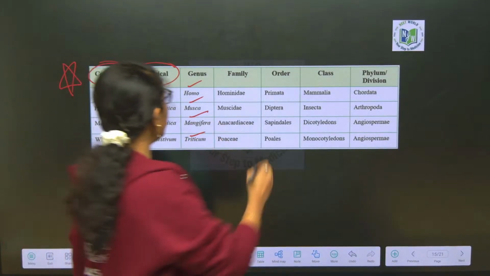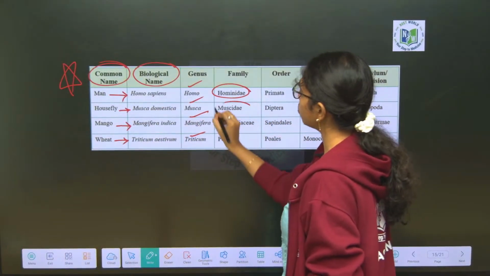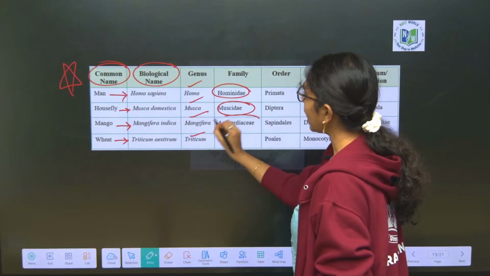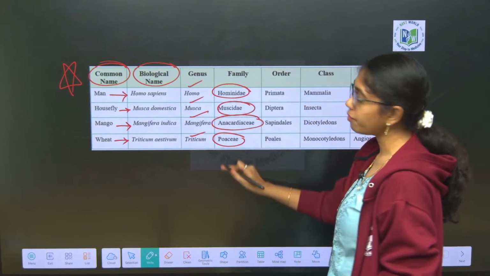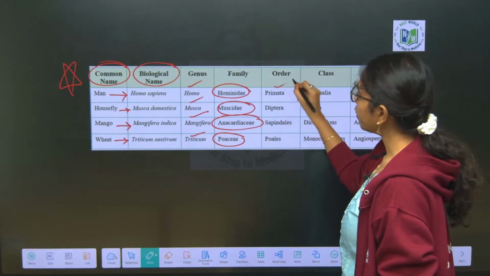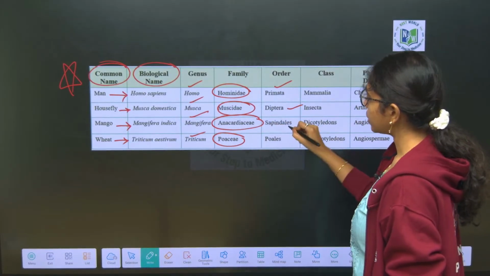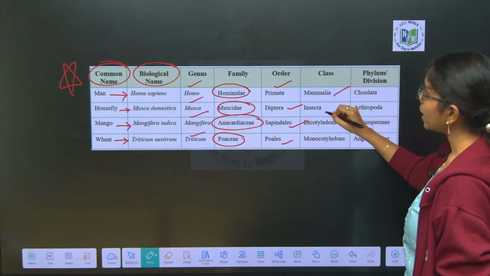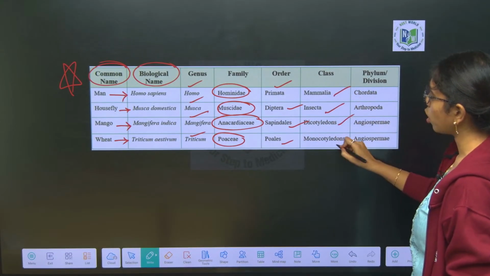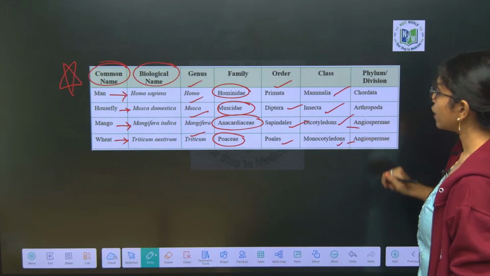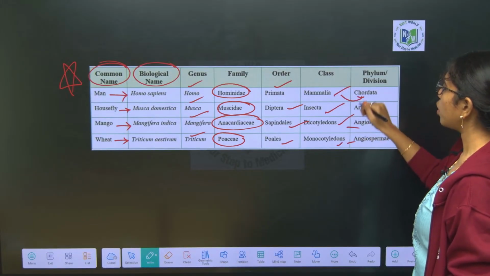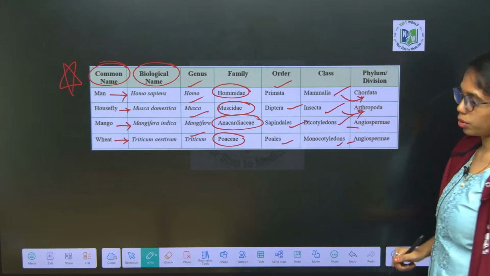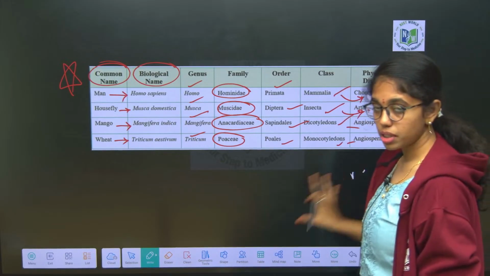They belong to the families Hominidae, Muscidae, Anacardiaceae and Poaceae. These are the families. They belong to the orders Primata, Diptera, Sapindales and Poales. These belong to the classes Mammalia, Insecta, Dicotyledons and Monocotyledons. These are the classes of the Angiosperm division, and Mammalia belongs to Chordata, Insecta to Arthropoda. Note down this table. This is very important.